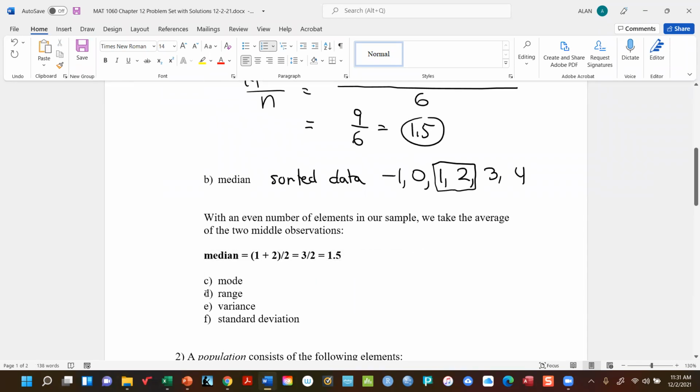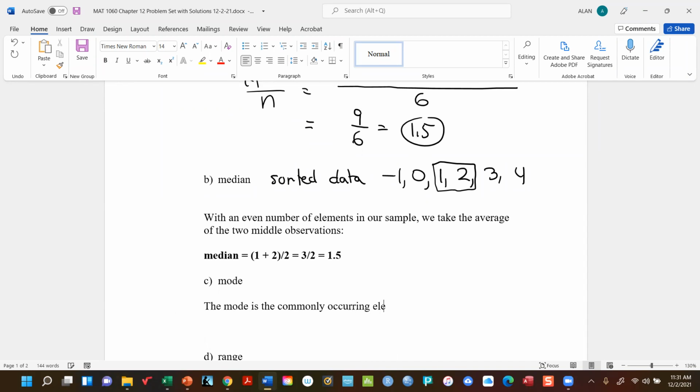Now, as far as the mode is concerned, remember, this one also requires us to have sorted data. The mode is the most commonly occurring element in a sample. In this case, no element is repeated, so there is no mode.